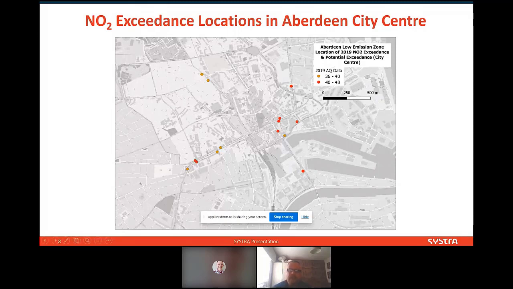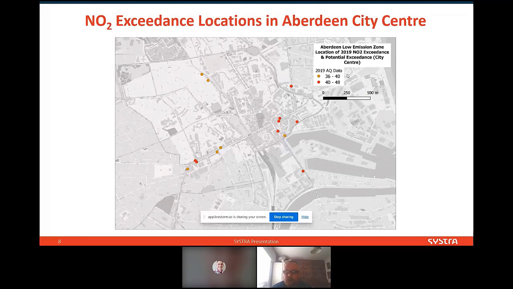If we look at the key here, the amber or orange colour is where the nitrogen dioxide levels were between 36 and 40 micrograms per cubic metre, and the red areas are where those levels were over 40 micrograms per cubic metre.